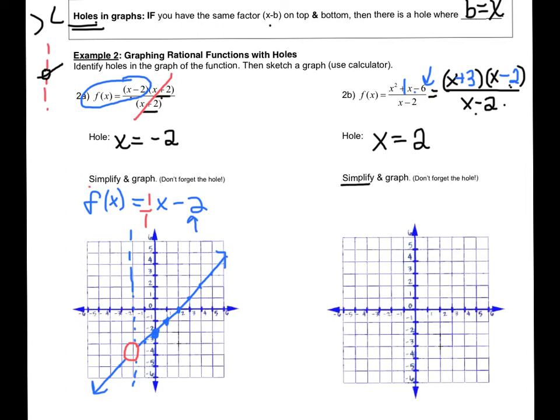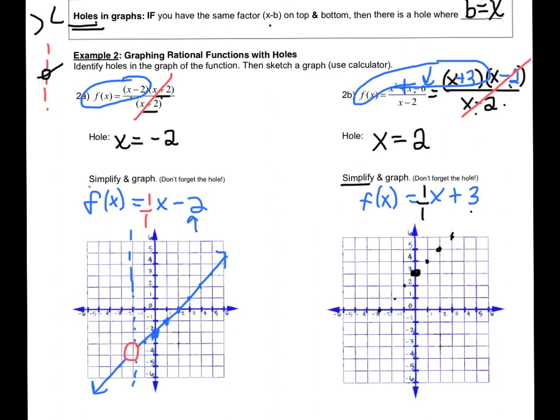And now we simplify and graph. So we're going to cross those two factors out and graph what's left, which is f of x equals x plus 3. So that's what we're going to graph. F of x equals x plus 3. So we need to go to the graph, start up 3. We need to count the slope up 1 over 1, just like this.